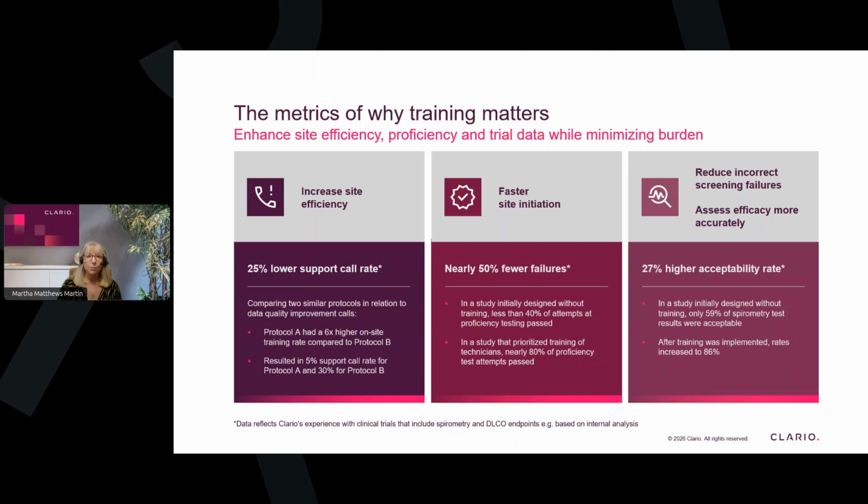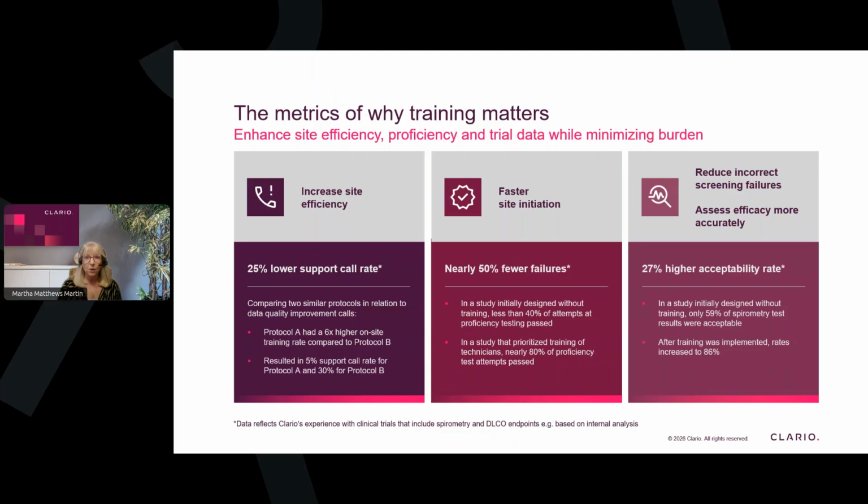And in Protocol A, the approach taken by the client was to have an extremely robust training plan. They, in fact, did site training in small groups, hands-on, at a rate 6 times higher than our comparison Protocol B. What we found was a significant difference in the number of calls that come into our call center from site staff looking for additional help.